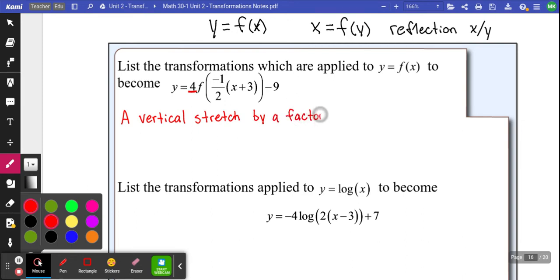Did you do the about and then the factor, or the factor first? It wouldn't matter. You could reverse it, it would still work.